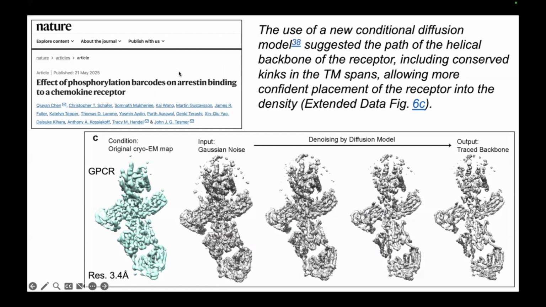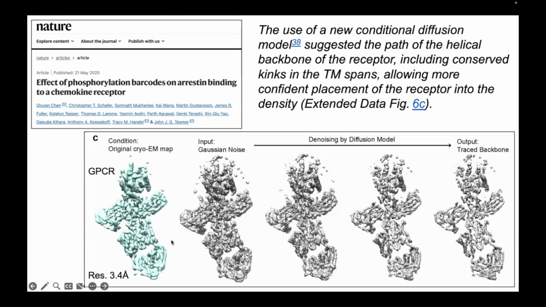They have GPCR and arrestin complex models, and we applied DiffModeler. They say that the use of the new conditional DiffModeler model suggested the path of the helical backbone of the receptor, indicating a conserved kink in the transmembrane spans.